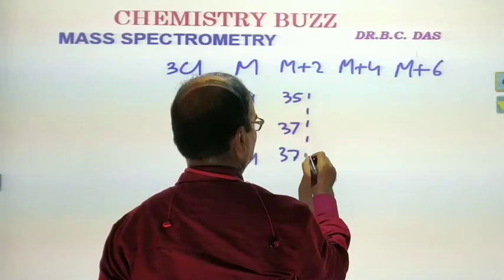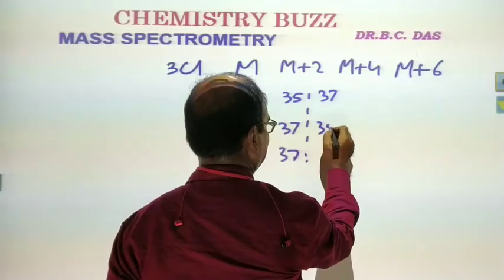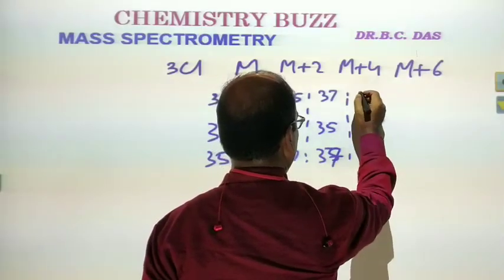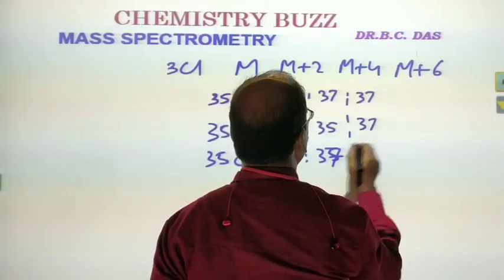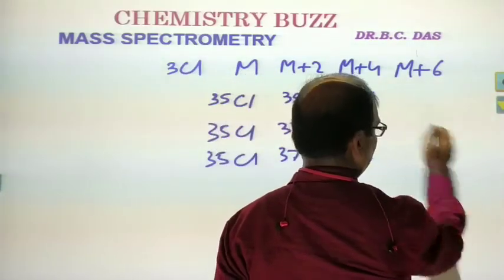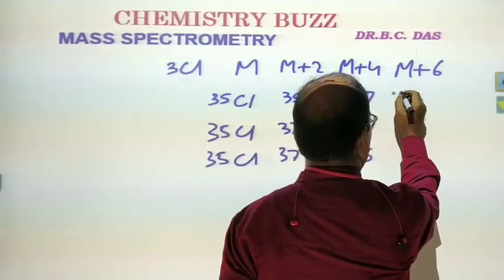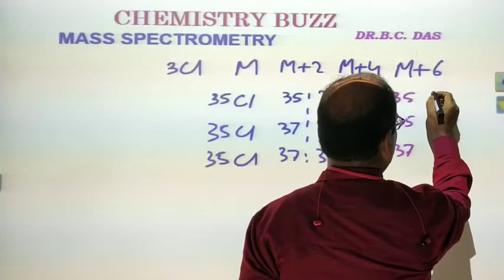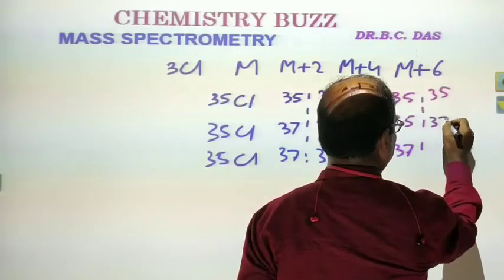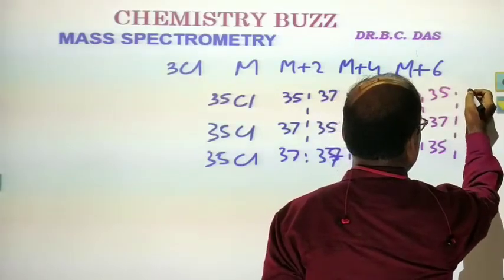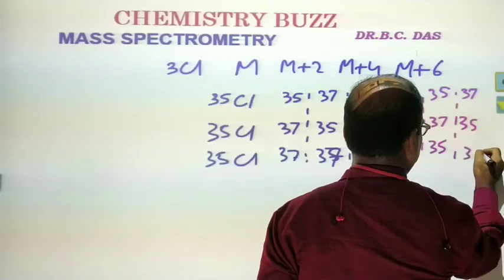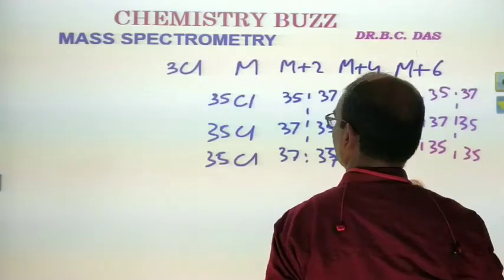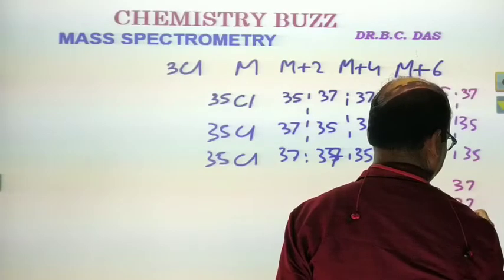So there is a permutation and combination: 37, 35, 35; then 35, 37, 35; then 35, 35, 37. So there are different permutation combinations and arrangements, and for M plus 6 all three will be 37, 37, 37.